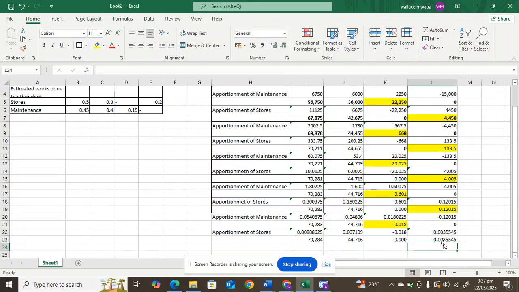This 0.003, it's really small. So this is where we can end.